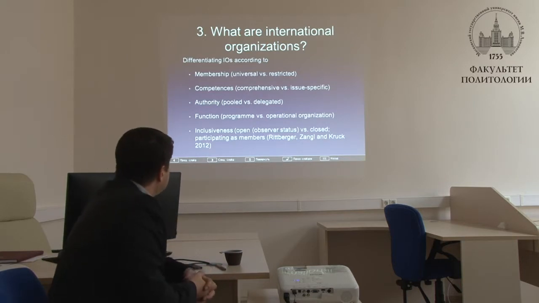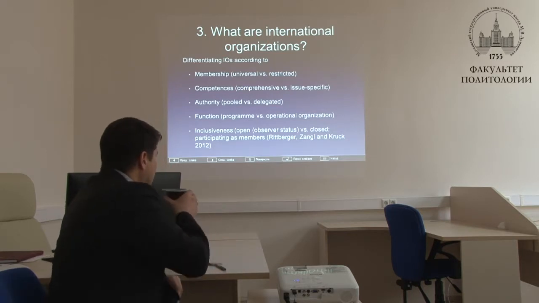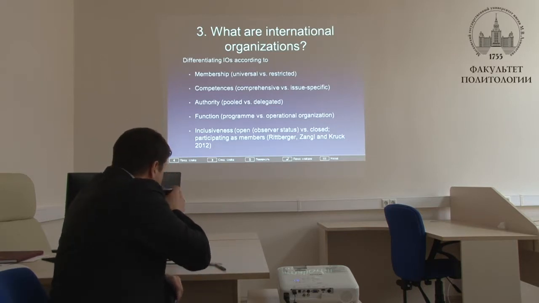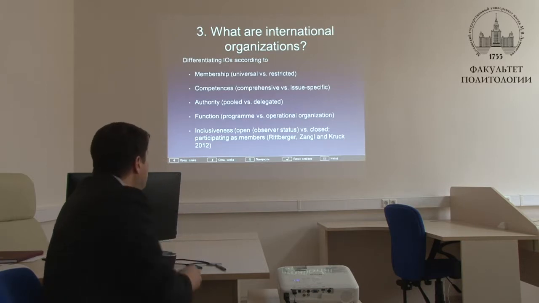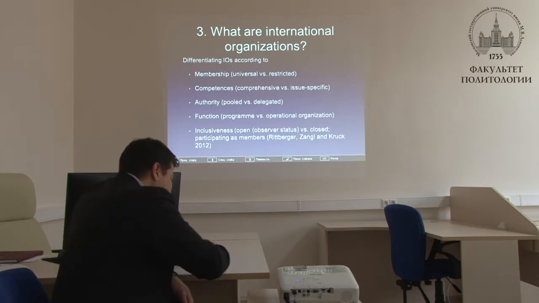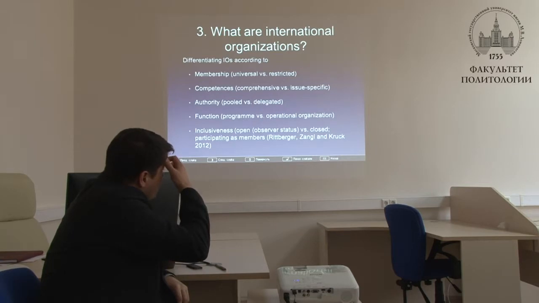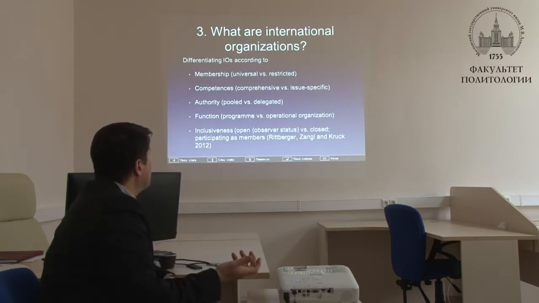And finally, we can differentiate international organizations according to their inclusiveness. They can either be open for other actors, such as NGOs, sometimes having an observer status within organizations, or at least participating in negotiations in international organizations, or they can be rather closed.